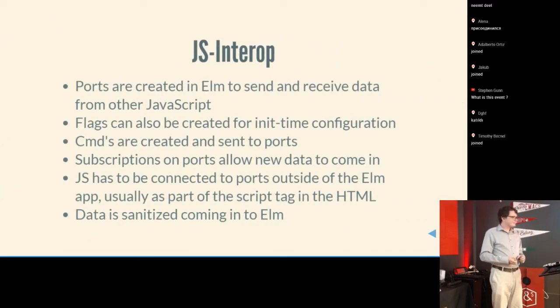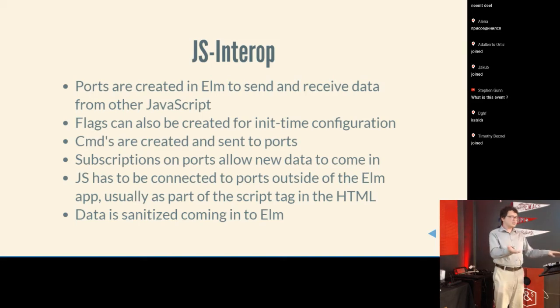Now, you may be wondering, do I have to rewrite all of the nice libraries I'm used to, like HMAC or any other complex library? You can do JavaScript interoperation, and it's remarkably similar to sending and receiving messages to a WebSocket. Ports are created in the Elm app and receive data from JavaScript outside of the app.